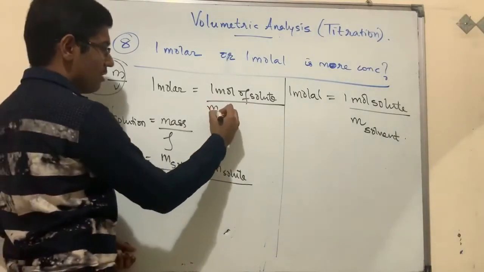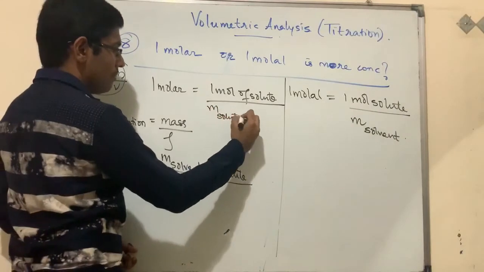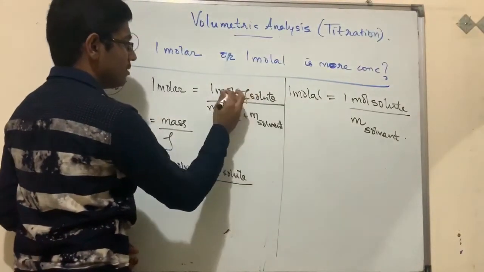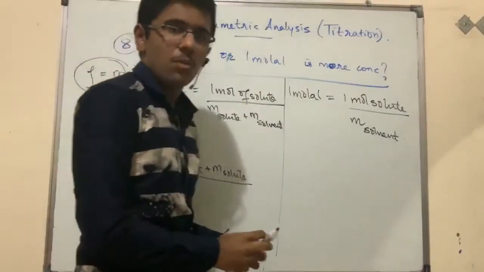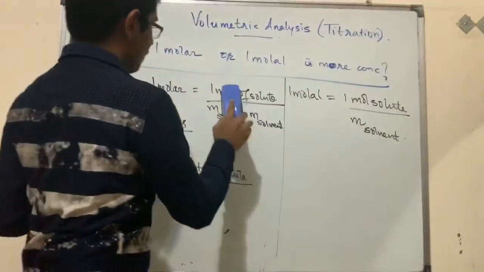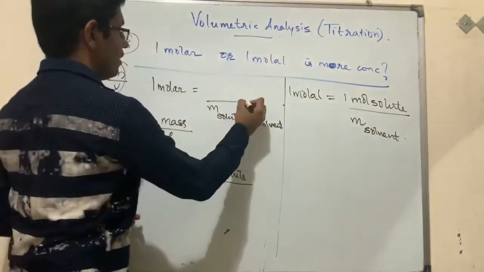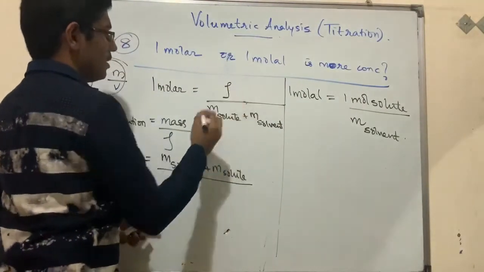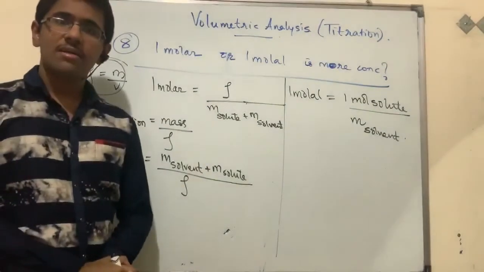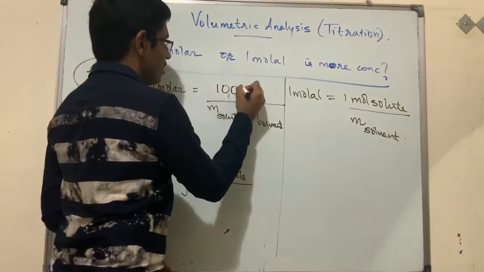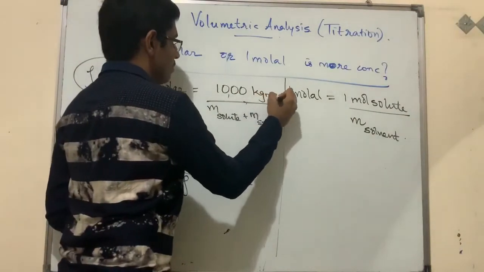So it is mass of solute plus mass of solvent into density. I am multiplying the density in the numerator here. You see 1 is already there on the numerator, so I will multiply it here. Density here, we are talking about water. Water density is 1000 kilogram per meter cube.